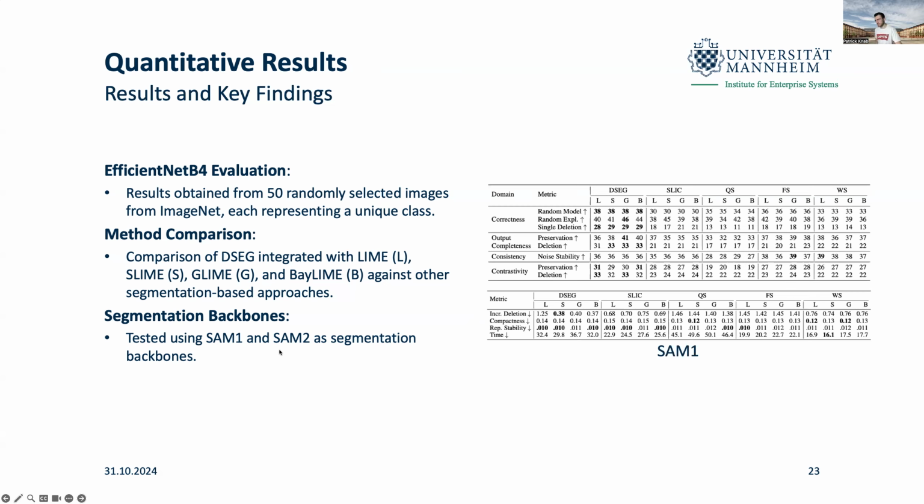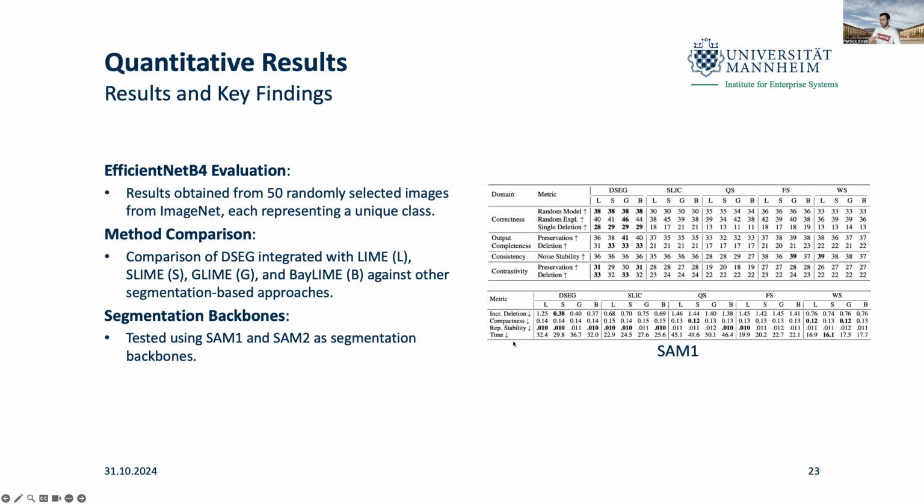So let's start with the results for Segment Anything 1. Again, this means we use SLIC within LIME, we use SLIC within S-LIME, and so on. We have split the table again into correctness, output completeness, consistency, contrastivity, and into 2 different kinds of tables.